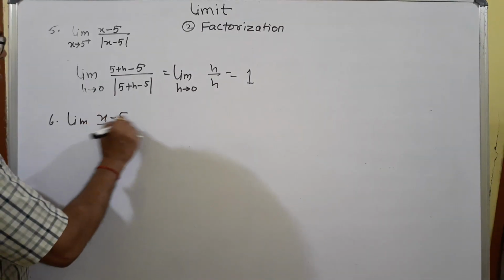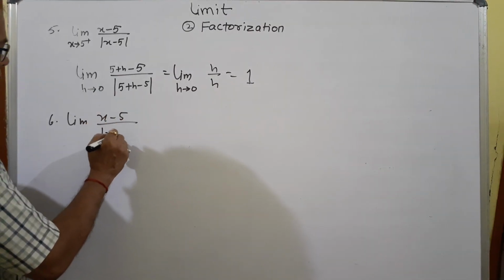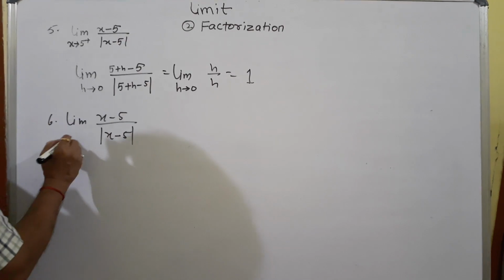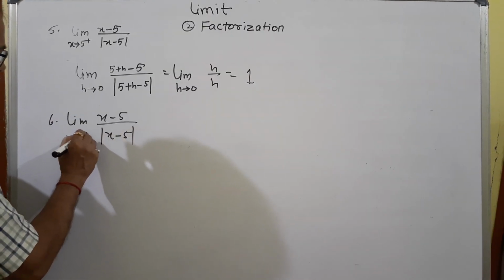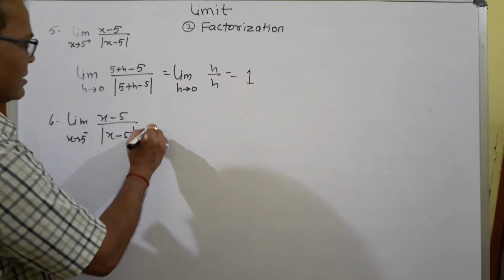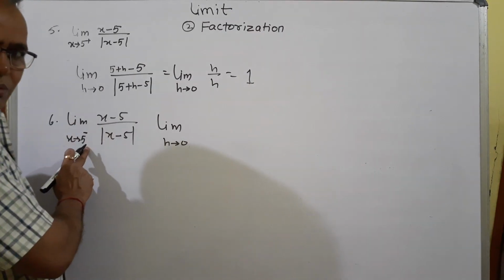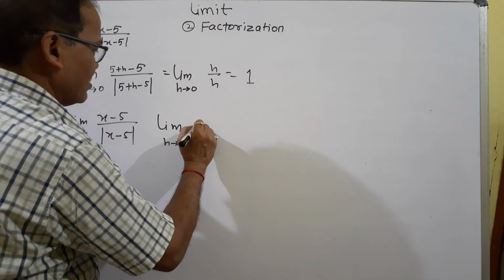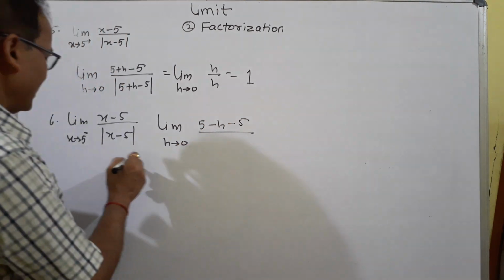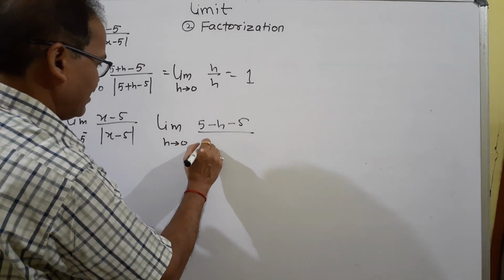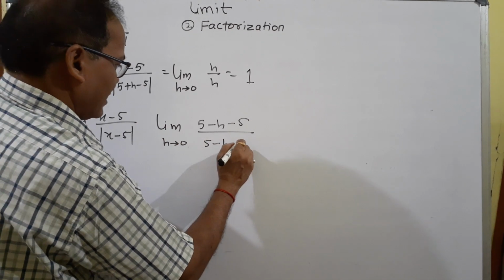If it is 5 minus, as in question 6, it is the same question: limit of x minus 5 divided by the absolute value of x minus 5, here x tends to 5 minus. In that case, in the same way, limit h tends to 0, and in place of x we will put 5 minus h. So 5 minus h minus 5 divided by the absolute value of 5 minus h minus 5.